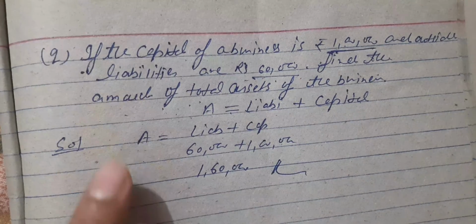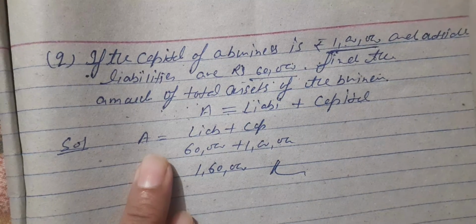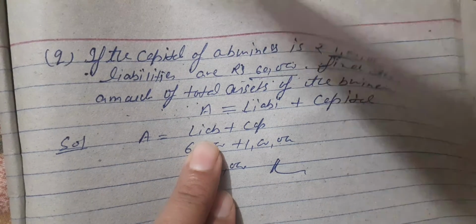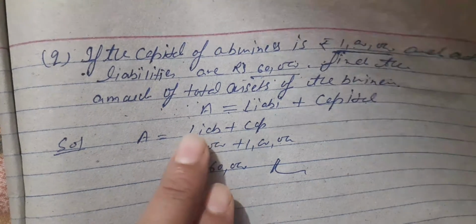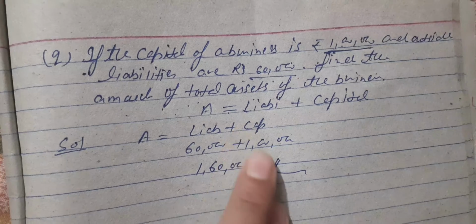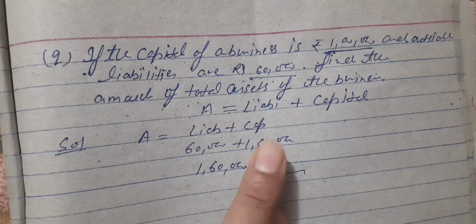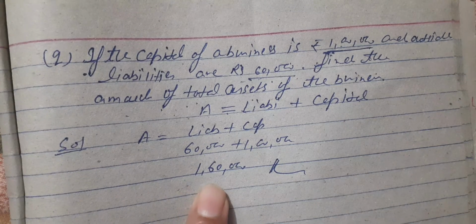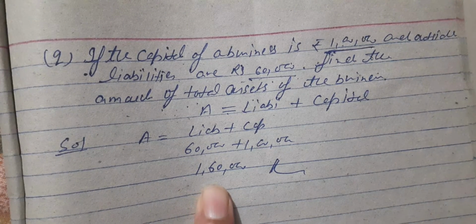Assets are not given. Liabilities are given as 60,000 rupees, and capital is given as 1 lakh rupees. So the total asset amount in the firm is 1 lakh 60,000 rupees.